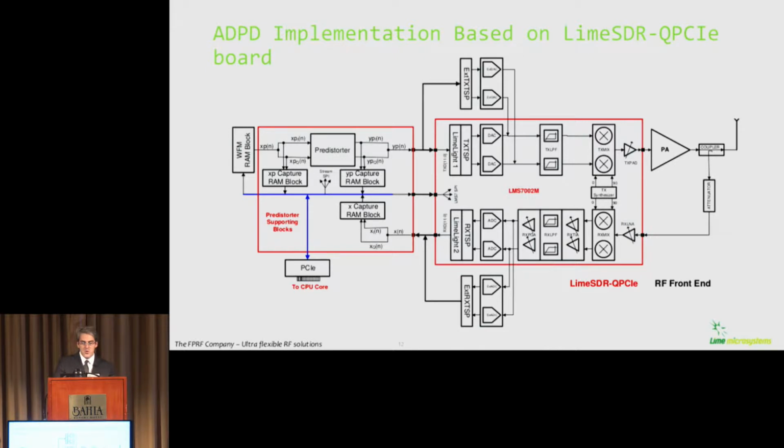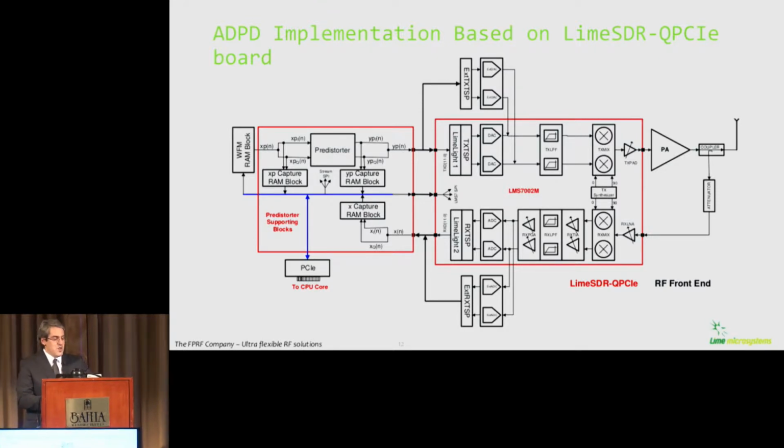Many of them are not used, and for simplicity, only necessary components are given in the slide. Besides transceiver chips, the board has an FPGA chip, Altera Cyclone 5, which is used for implementation of the predistorter block.